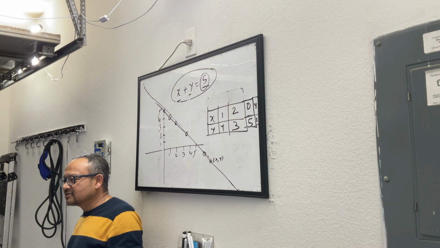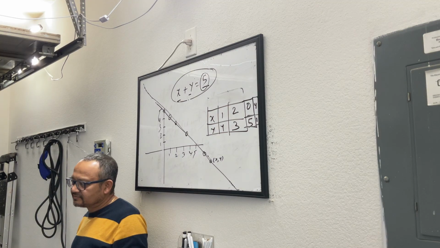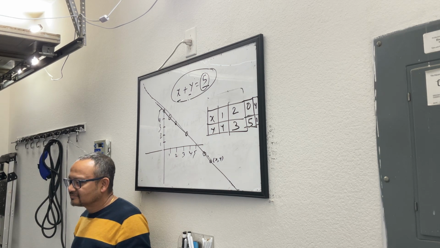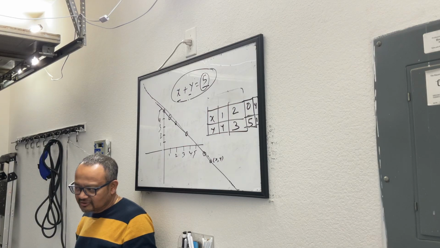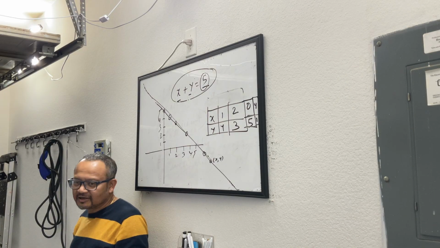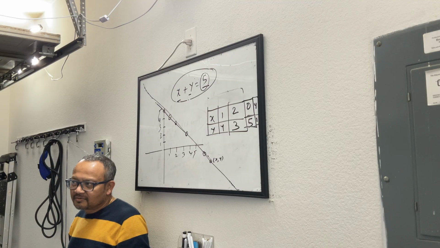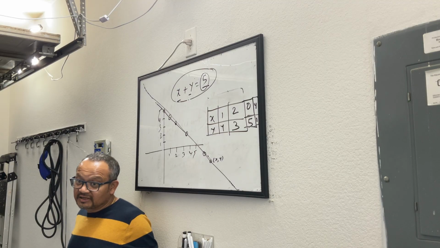How do you get one answer, one value for x and y? Suchit, any thought? You can pick a pair of numbers. That is one possible answer, but is that the only answer?